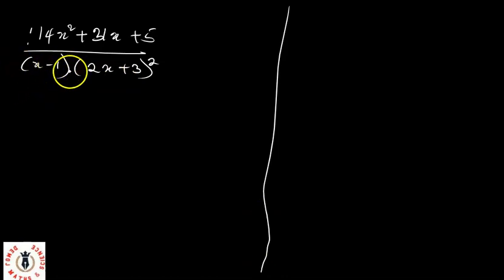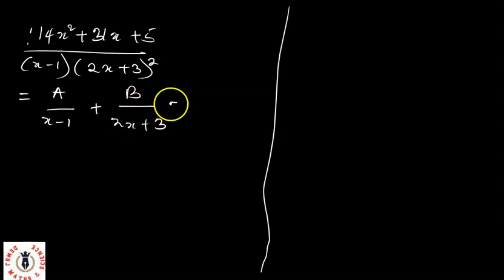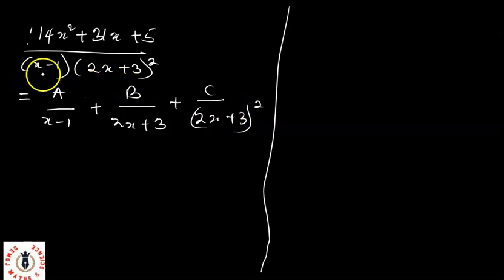Like I explained in our last lesson, the best way to resolve this is to equate it to A over x minus 1 plus B over 2x plus 3 plus C over 2x plus 3 all squared. Now if you observe, this x minus 1, I just treated once, while I have 2x plus 3 all squared, I treated twice.